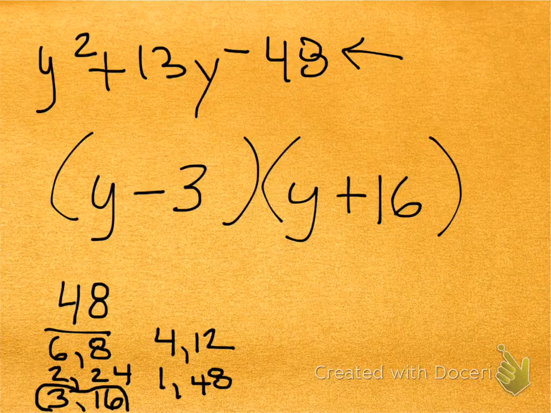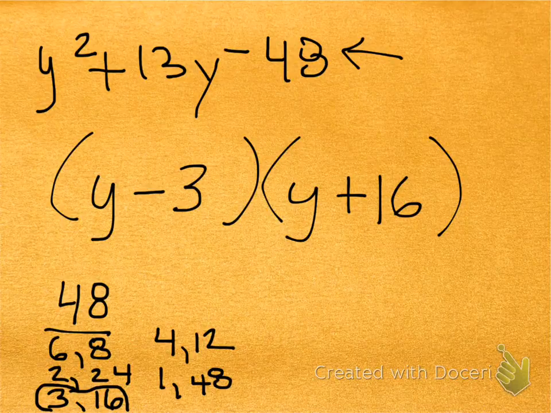So 16 is positive, and negative 3 is the other. And again, just to reiterate, each time I do this, to check my answer, the numbers have to multiply together to get, including the sign, the third term, and they have to add together to get, including the sign, the middle term.